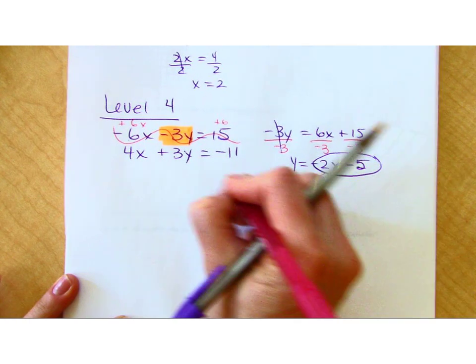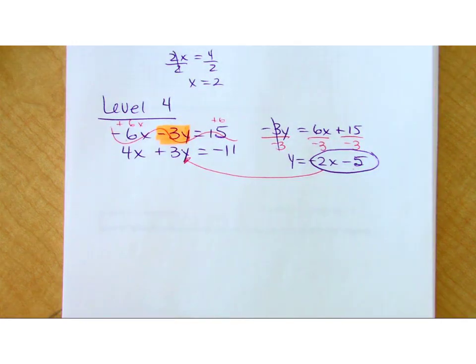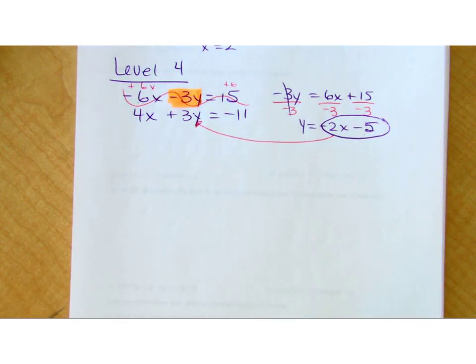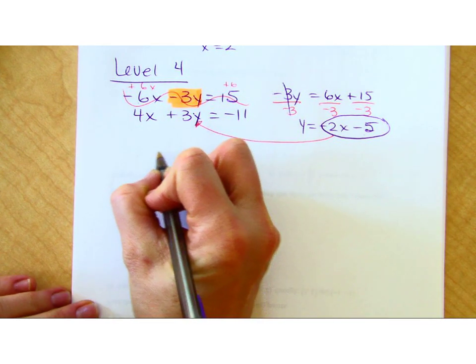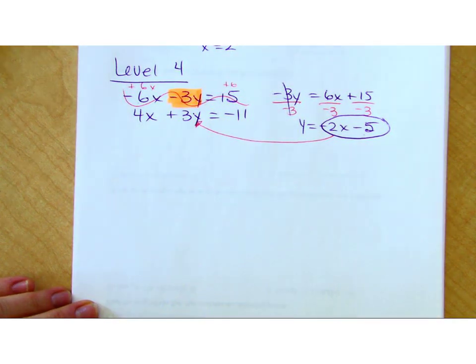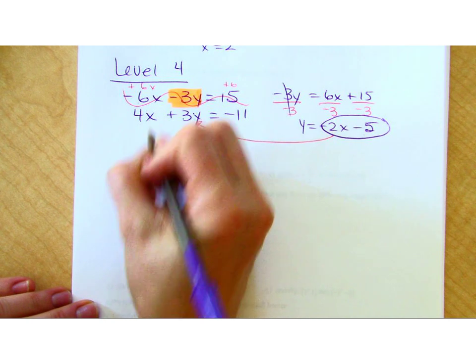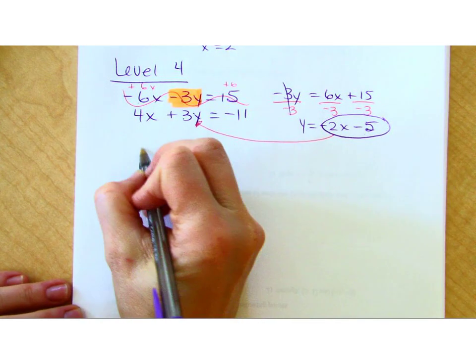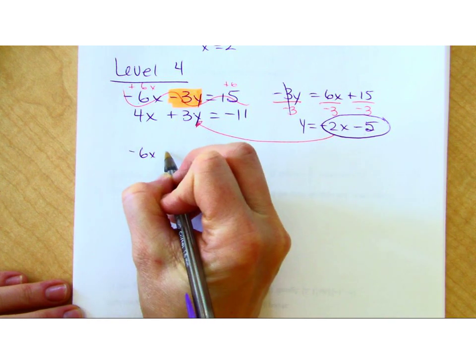Let me show you why the other three options are not good options. If you choose any of the other three, it becomes a level 5. Watch. If I were to say, okay, I'm just going to take this equation and solve it for x, so you didn't realize that there was the nice shortcut. You add 3y to both sides. You would have negative 6x equals 3y plus 15.